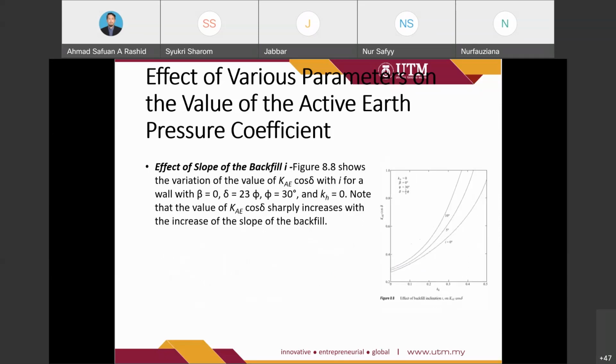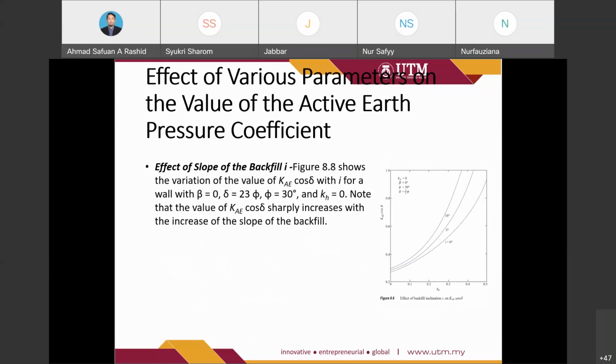Then what will be the effect of the backfill? They increase the I value. Note that the KE sharply increases with the increase of the slope of the backfill.